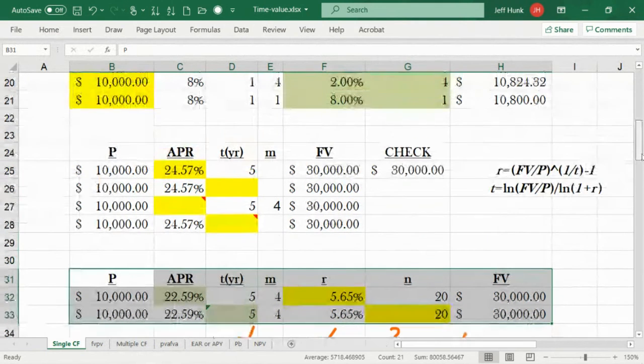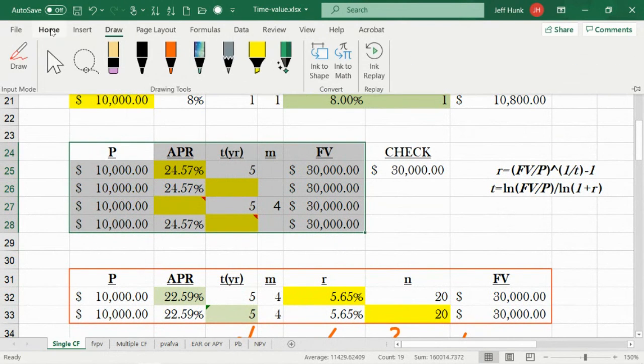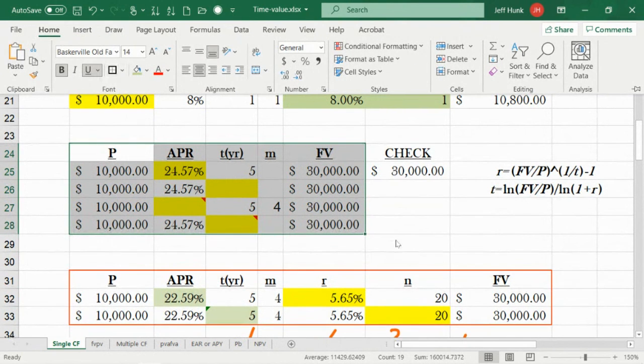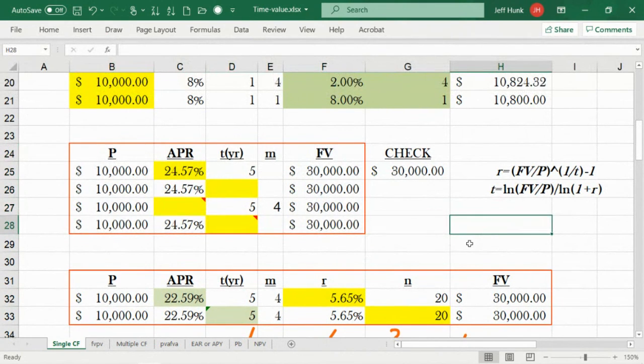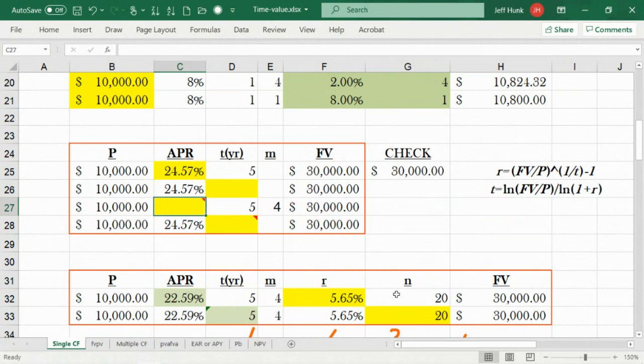In the graded homework, I said to put a thick borderline around it. So if you're not adding additional columns for pure R and N, then how would you do it?